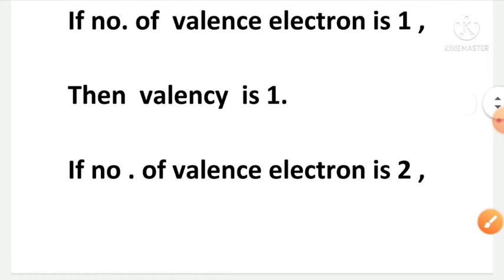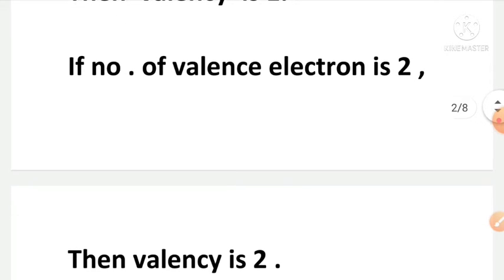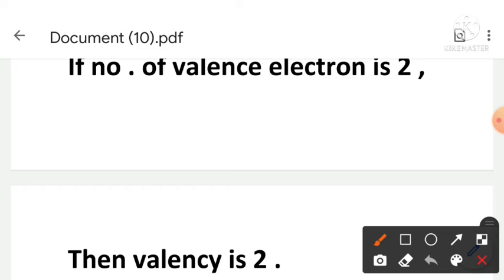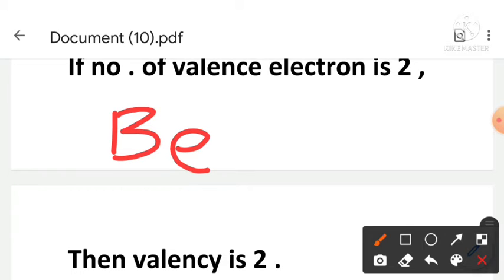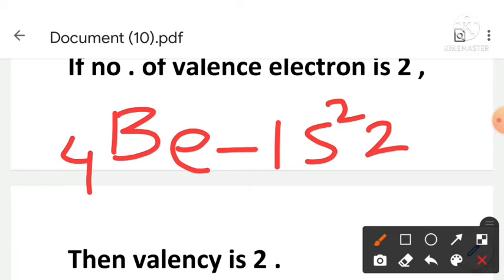Now we see the next condition. If the number of valence electrons is 2, then valency is also 2. Now we see beryllium. Z of beryllium is 4, so we write the electronic configuration 1s2, 2s2.